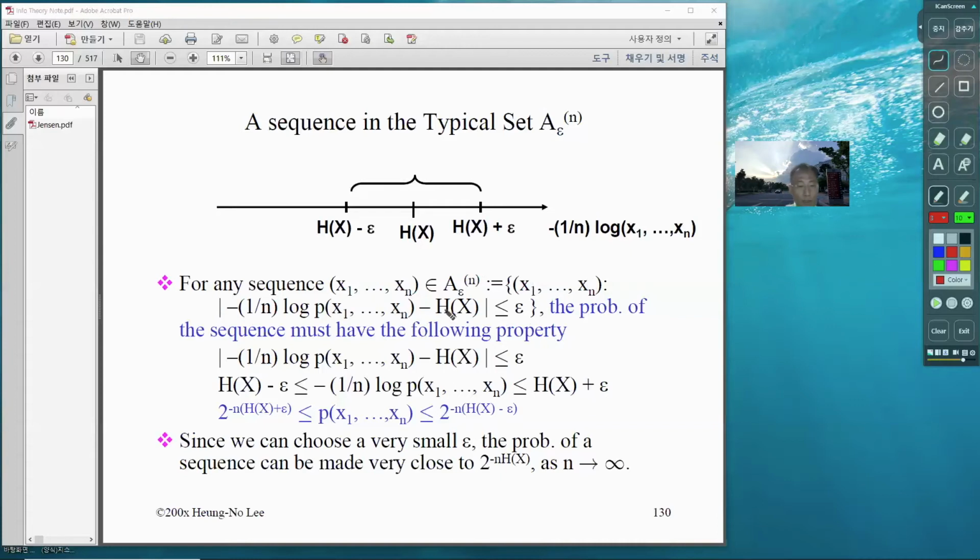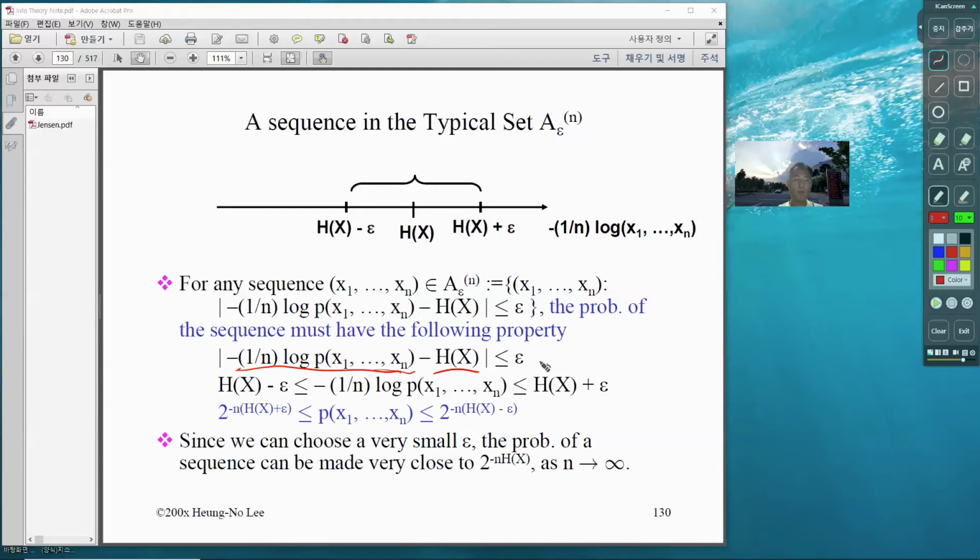So that condition, if I consider, is the absolute value of the difference of the sample entropy with the true entropy, okay? So this absolute value of the difference should be smaller than or equal to epsilon.